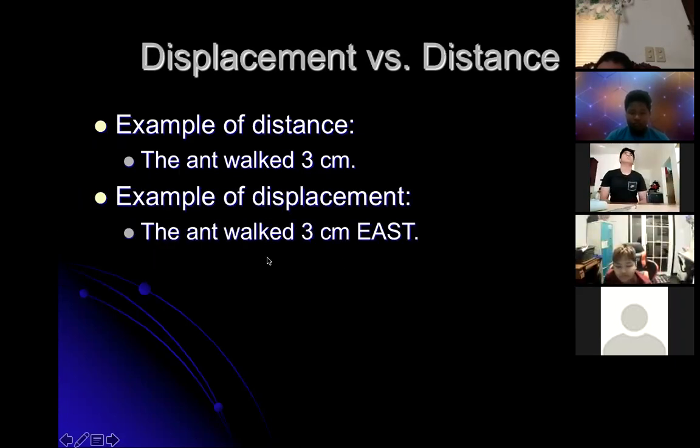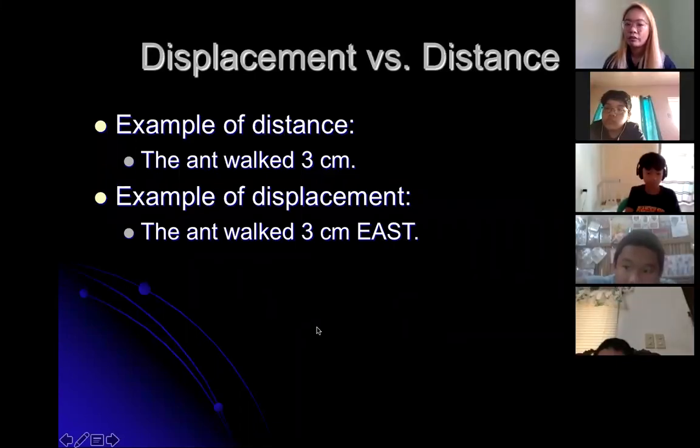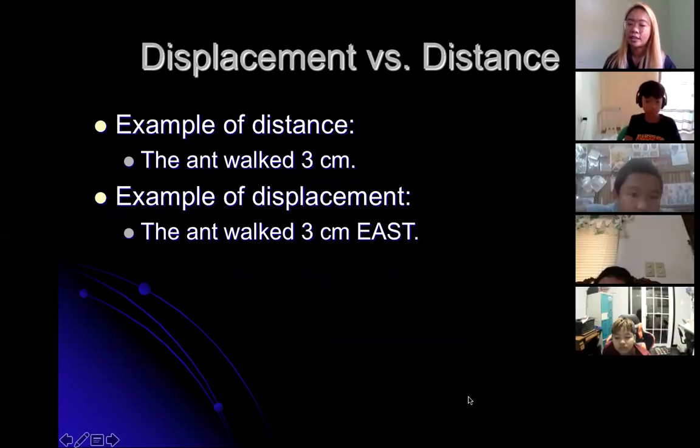But an example of displacement is the ant walked 3 centimeters to the east. So this time, the movement of the ant is indicated na in which direction is the ant. Positive. Yes, so this is a positive 3 centimeters if we're going to change yung direction, yung east.